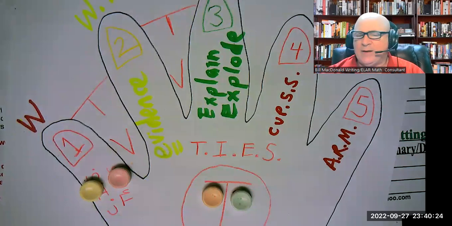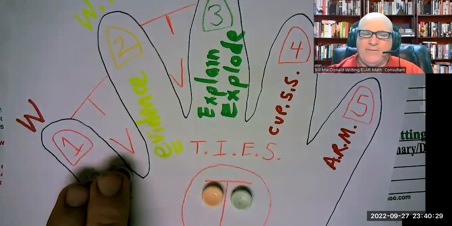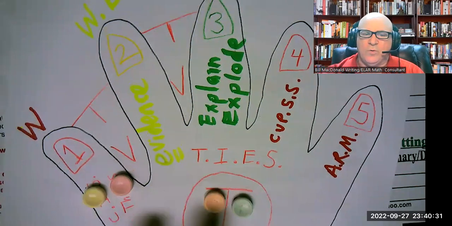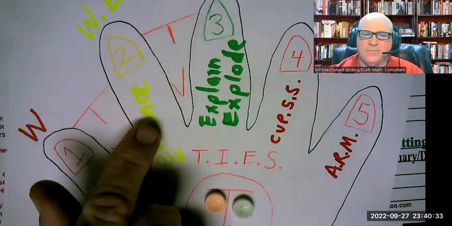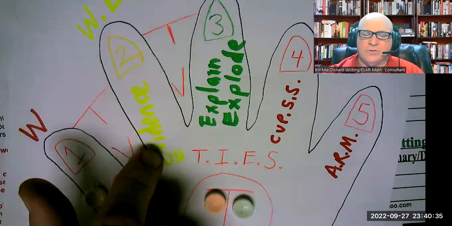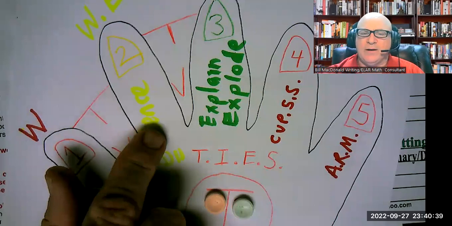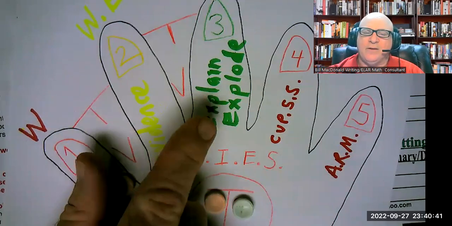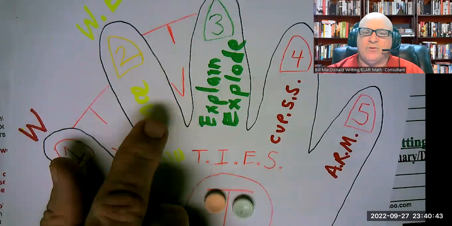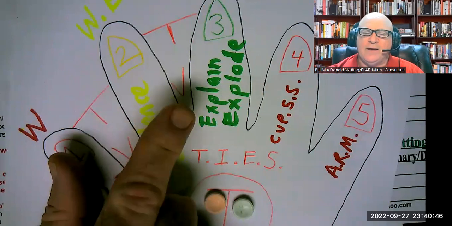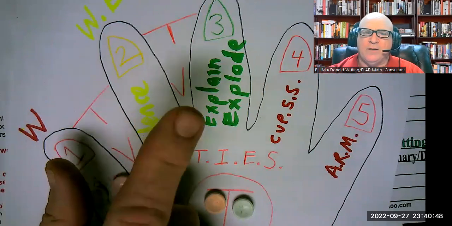So if that's what I believe, I've got to decide what evidence I'm going to use, what examples of evidence is best to use if I'm a struggling writer, and which examples of evidence is best to use if I'm trying to be insightful in my response.